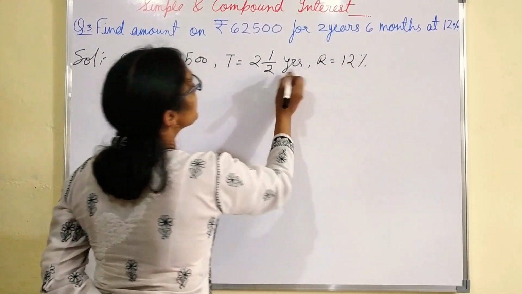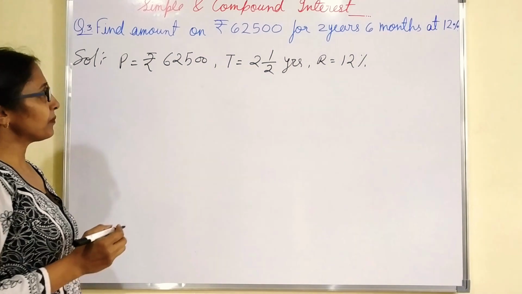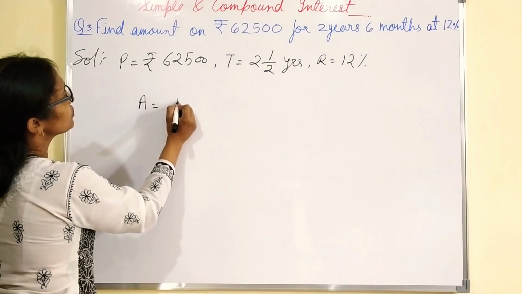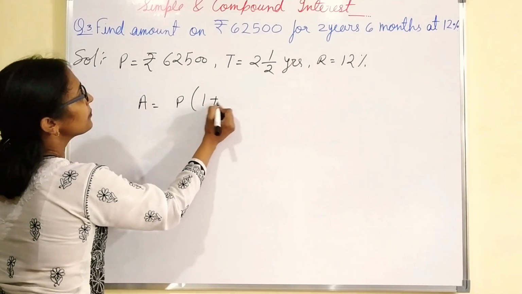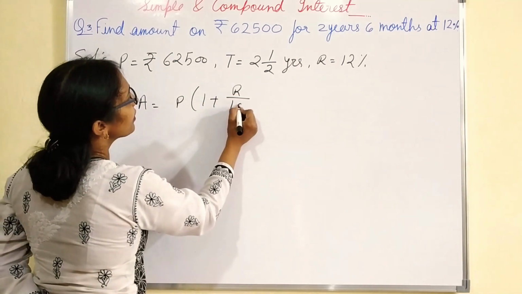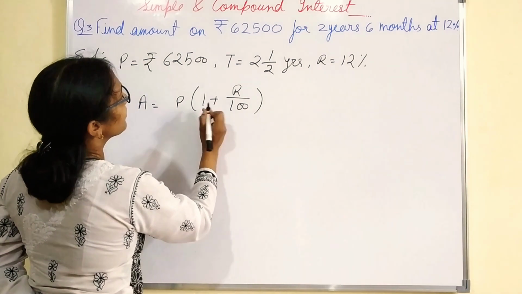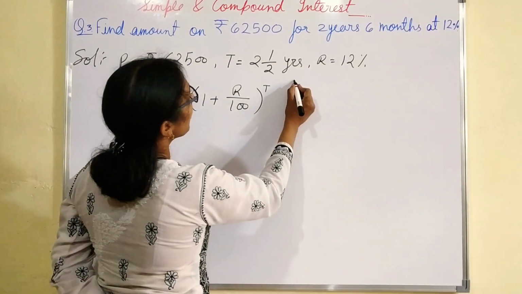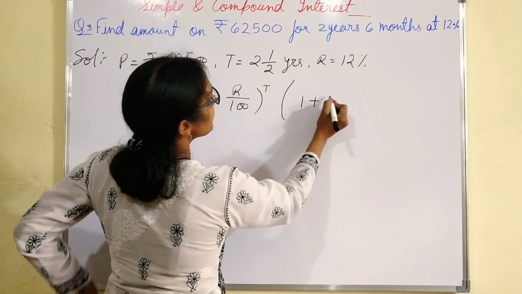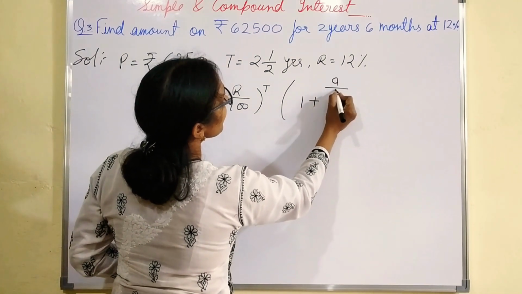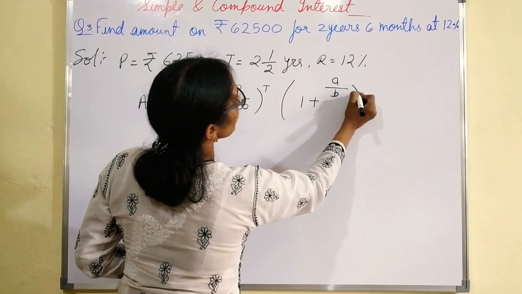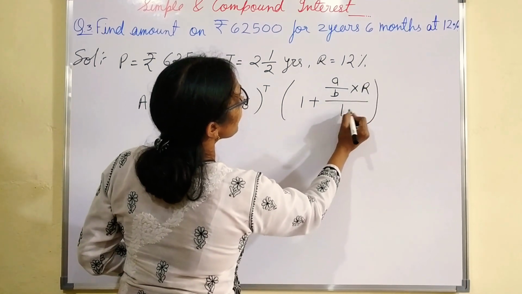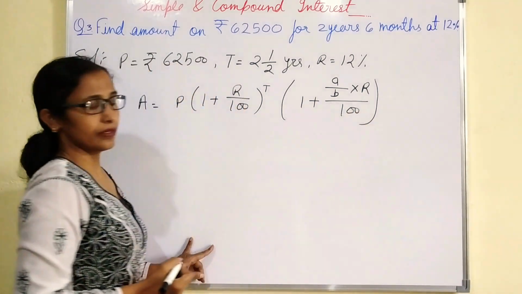So when time is in fraction, we apply a different formula, that is amount equals P(1 plus R upon 100) power T. Till here it is same. Now (1 plus A upon B into rate whole upon 100).